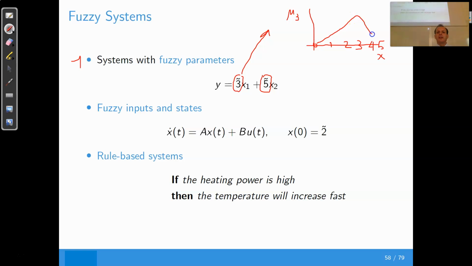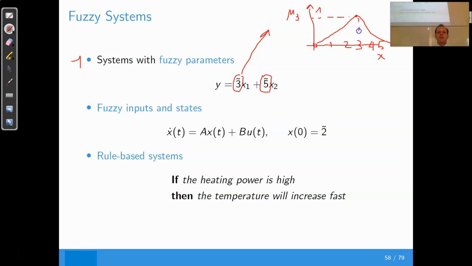It's not very nice, but it's something like that. So this is the membership function of the fuzzy number 3.